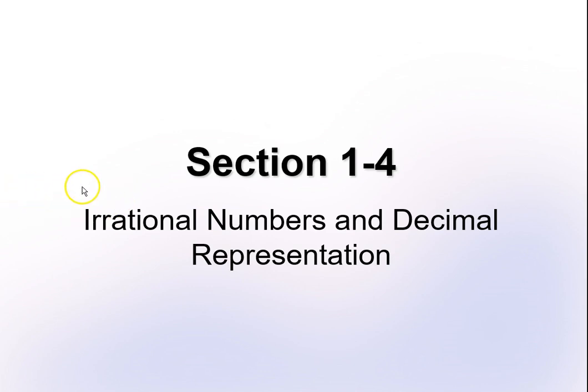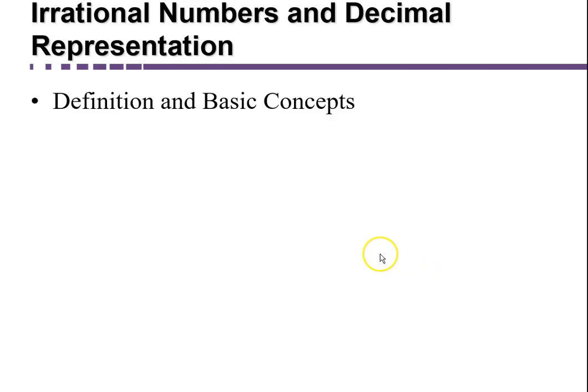Going into the last section of Unit 1, we'll be dealing with irrational numbers and decimal representations. Now, for some of the material we're going to look at, we're only going to look at it for historical purposes and not try to master the material. These are much higher level math areas than what we want to cover.